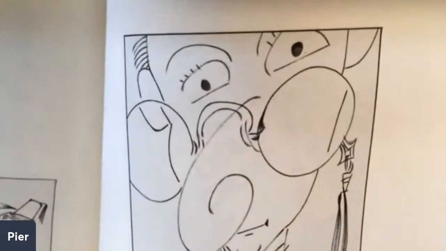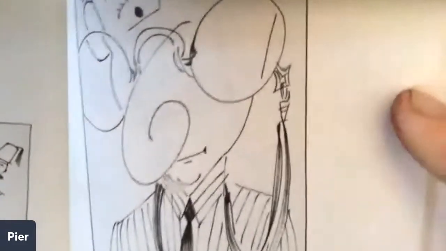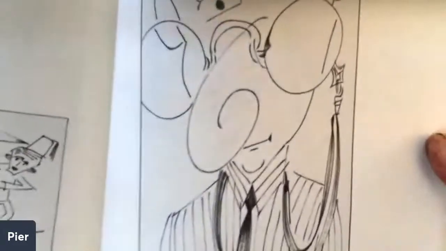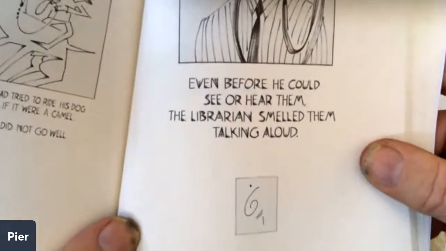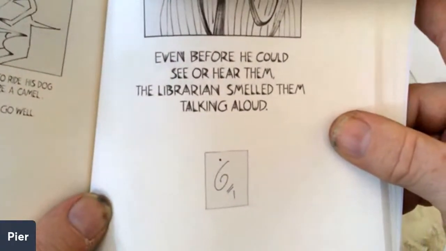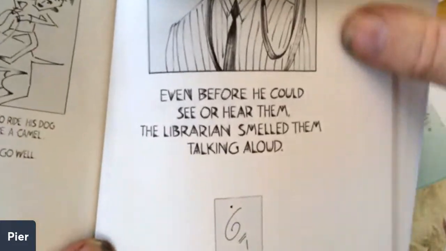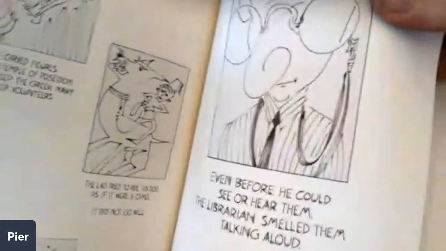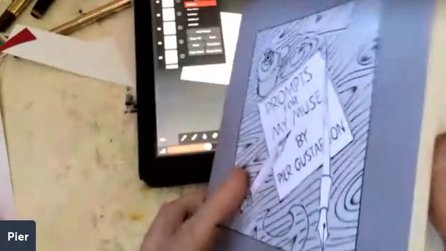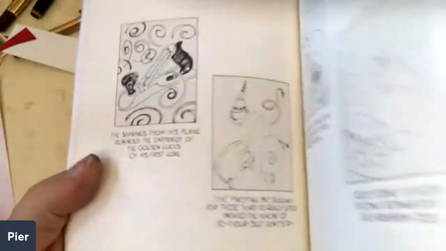This one is my favorite of them. The pince-nez on the rather big nose. Even before he could see or hear them, the librarian smelled them talking aloud. So anyway, that's the book.